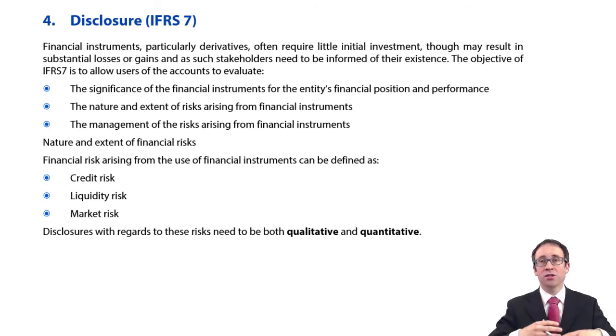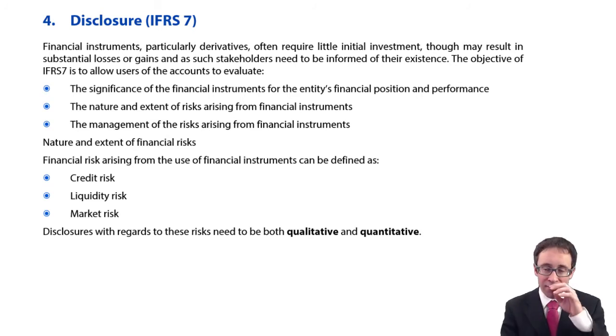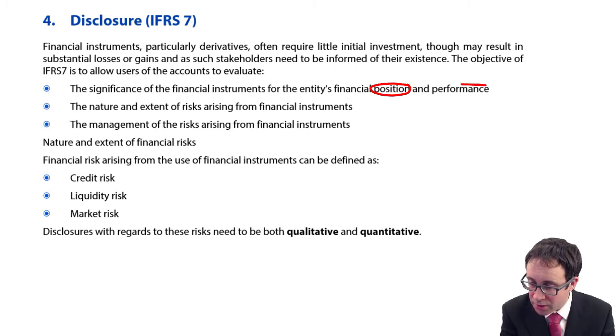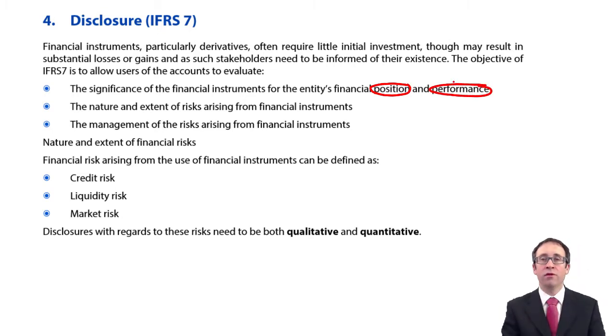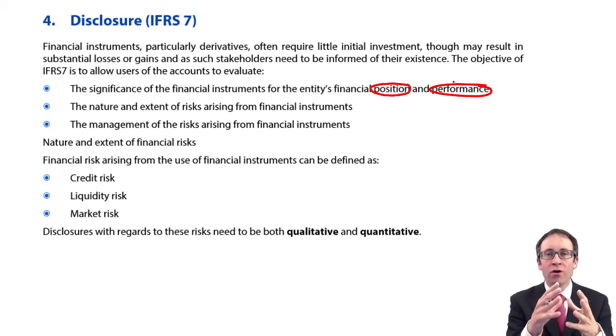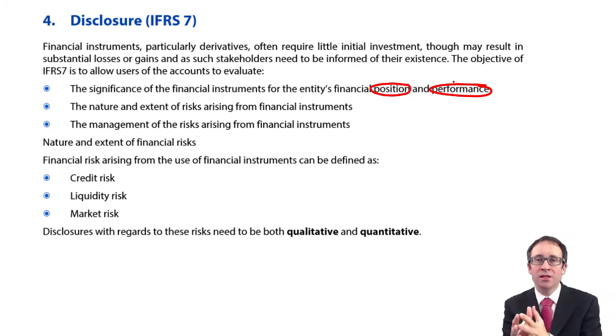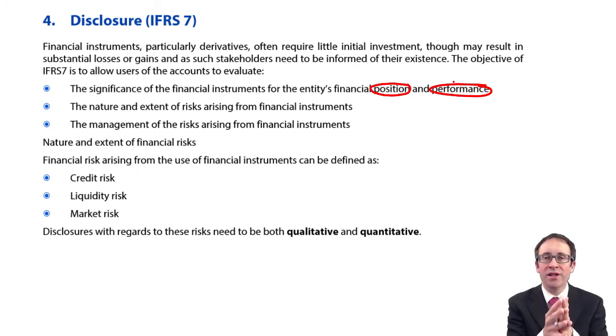Okay, so we need to know why we have that disclosure there first. Well, effectively it goes through there and gives you more detail about the company's position and the performance. So it will break down all of those investments that you have within the financial statements into their separate components. So you've got all of these investments.